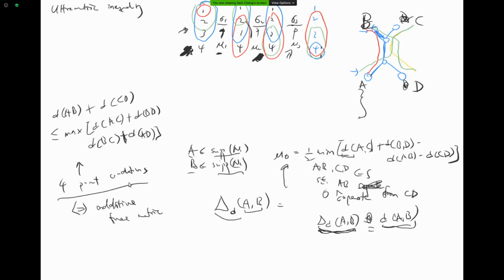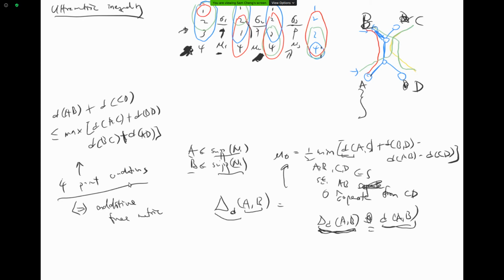Actually, before I go further to this ultrametric inequality, I forgot to mention one thing. When the 4-point condition is satisfied, one can see that it also helps us verify that this is a metric.